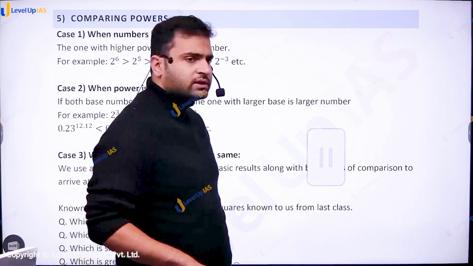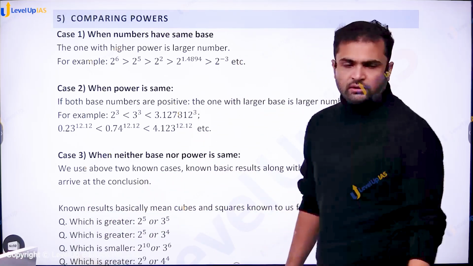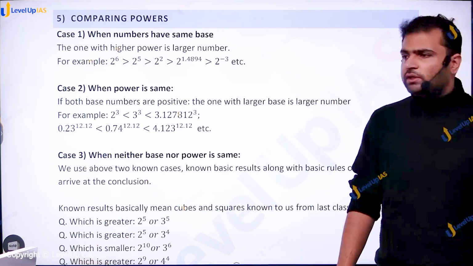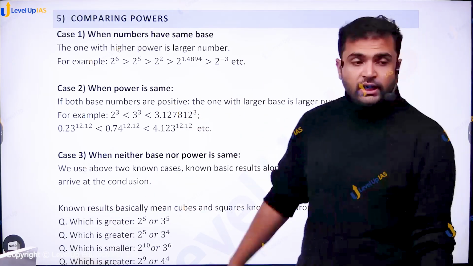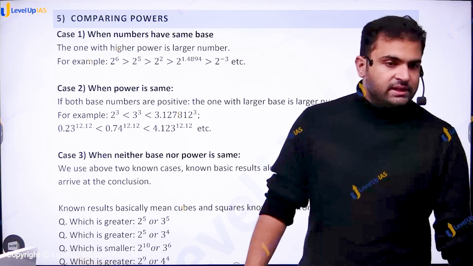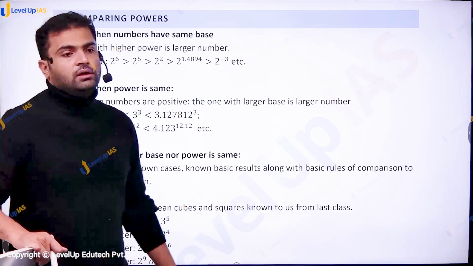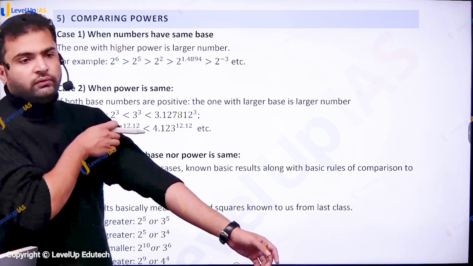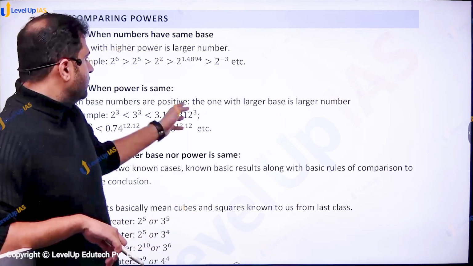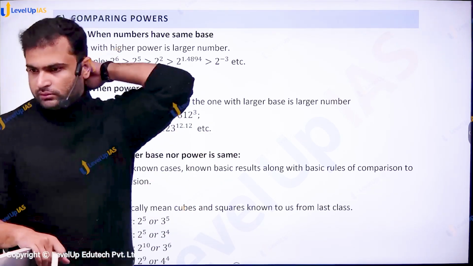You can just note it down in your booklet for your reference, that if you are taking negative powers and the power is the same, then this rule would be reversed: the smaller the base, the higher the value, if we are taking negative powers.